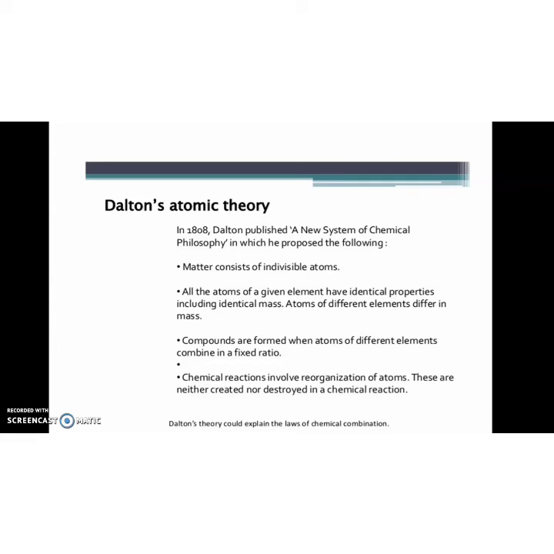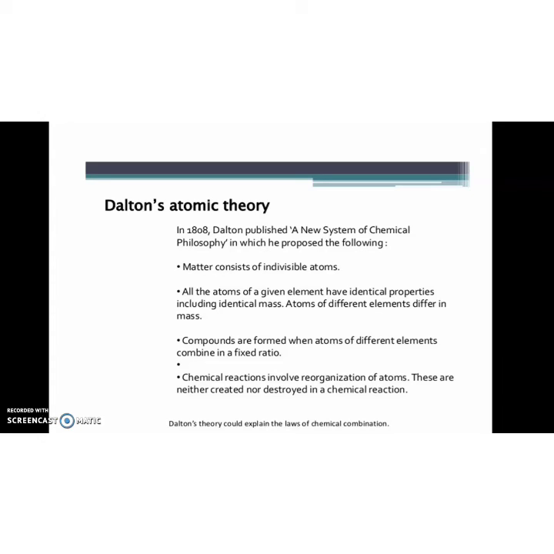Fourth, a chemical reaction involves the reorganization of atoms, which means atoms can neither be created nor be destroyed in a chemical reaction. These are the postulates published by John Dalton.